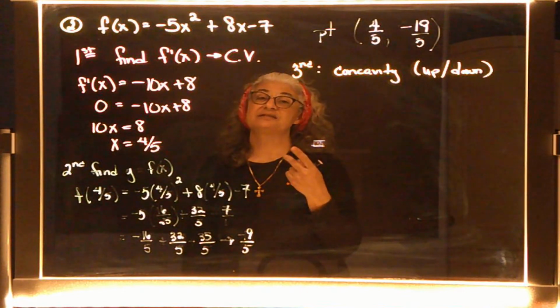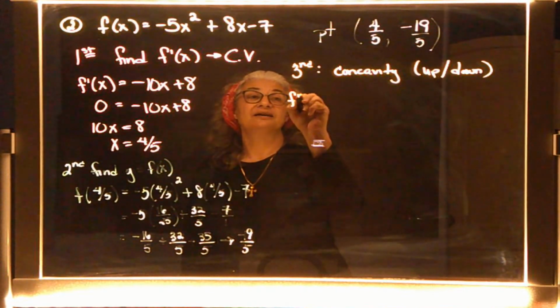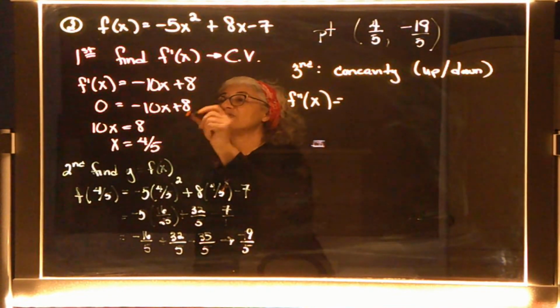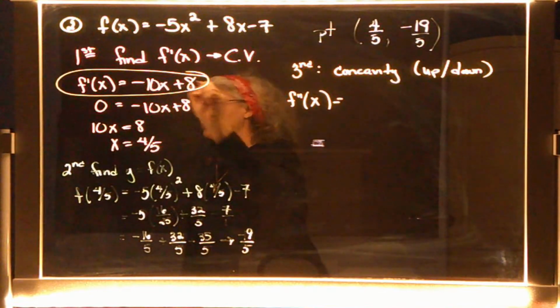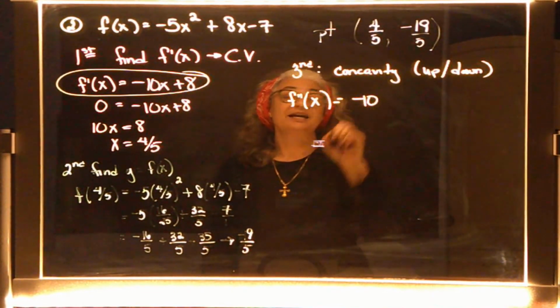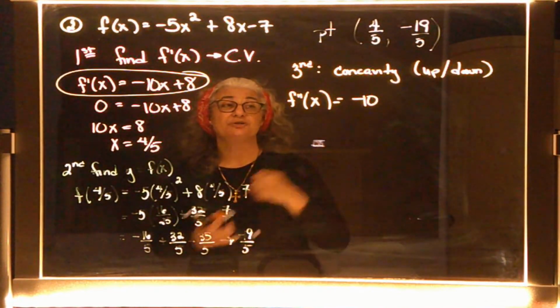Second derivative test deals with concaving down or concaving up. So I have got to take that second derivative. So here is my first derivative. What would my second derivative be? Good, a negative 10. So we only have one critical value, don't we?